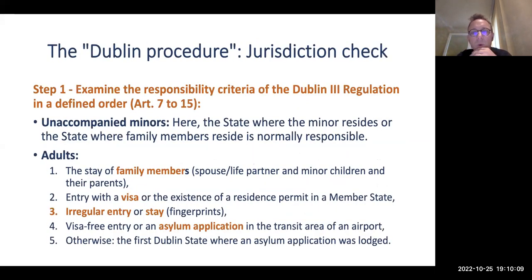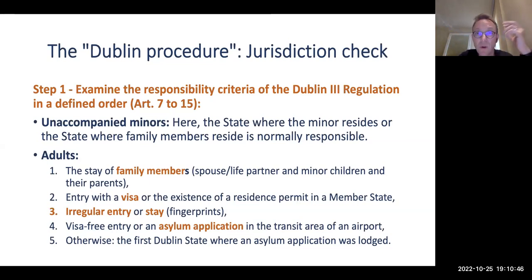Now, which country is basically responsible? This is checked in different ways. First of all, you may have heard something which is out there in practice as the most important criterion, but it's basically not the highest criterion in the hierarchy of the Dublin regulation, which is the first entry country for deciding which country is responsible for asylum applications.